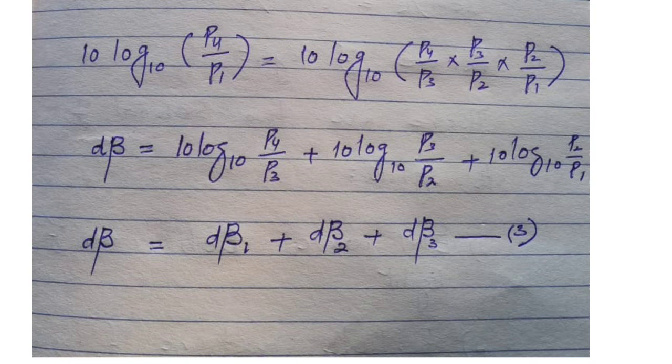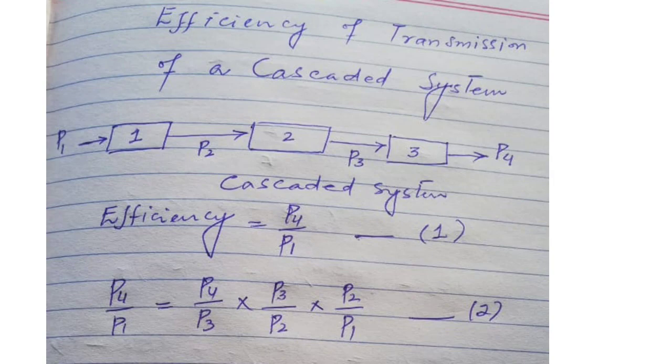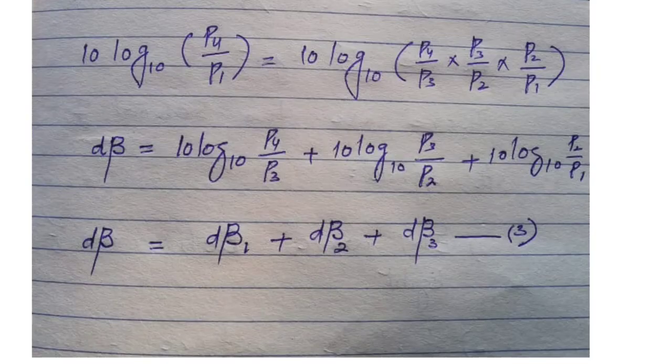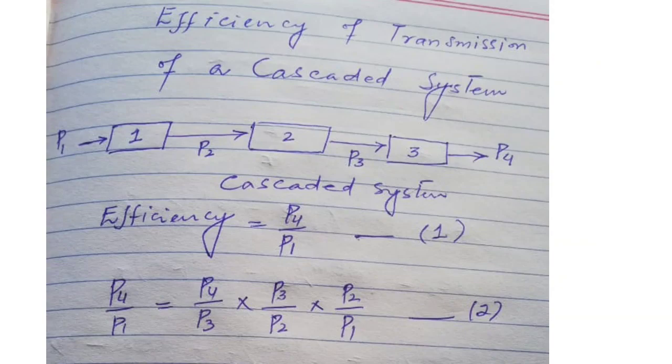Now what we do? We consider equation number 2 and we calculate the decibel value of the overall efficiency of the cascaded system. So let us consider equation number 2 and let us calculate the decibel value of equation number 2.